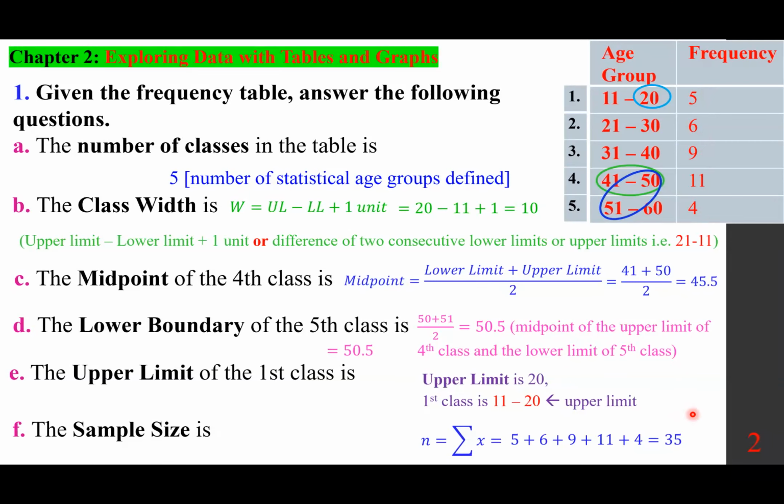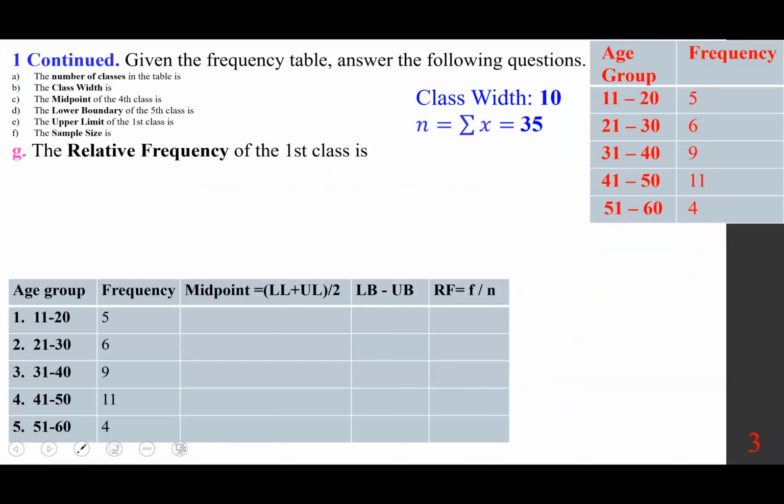Now, we're going to continue with the same question. I put it here and here. And we want to find the relative frequency. And remember, in the previous page, we found the width to be 10, W is 10, and N, the summation of the frequencies, is 35.